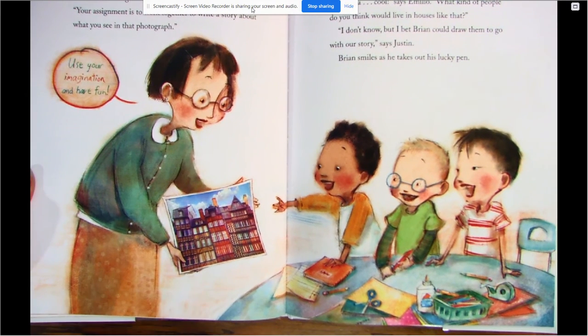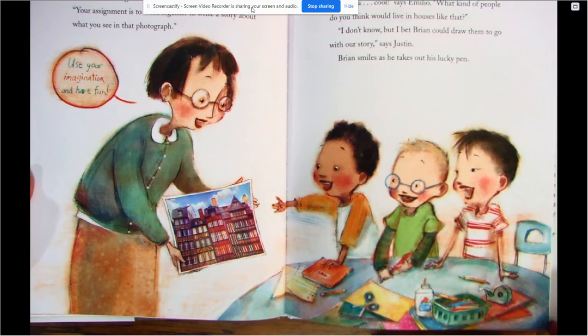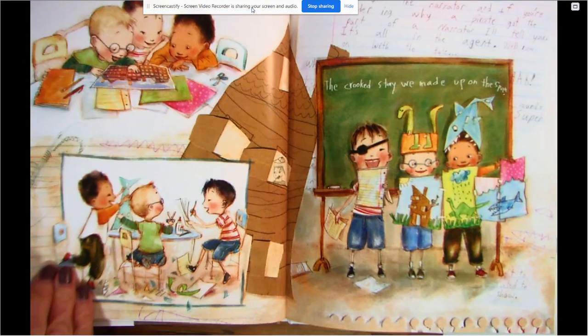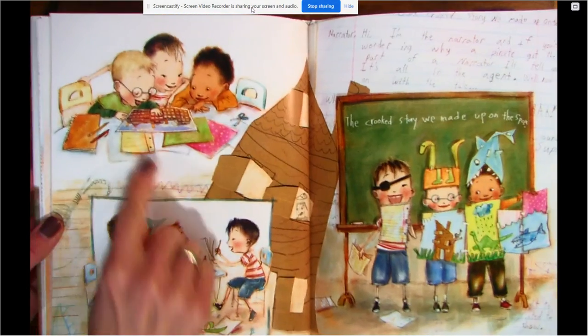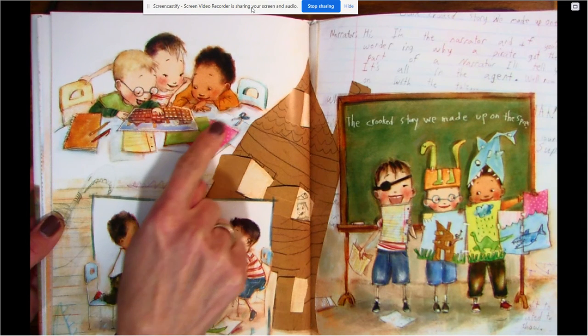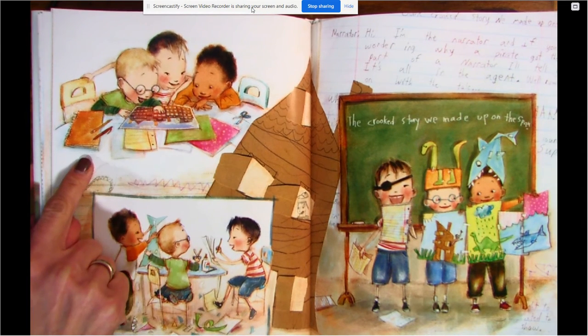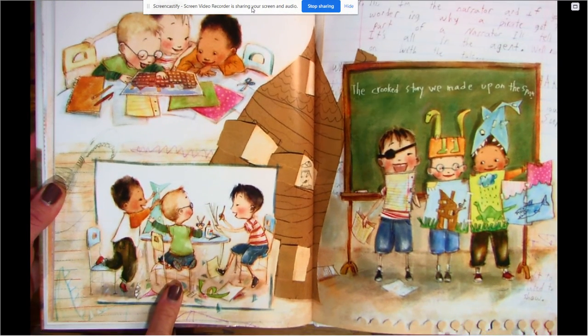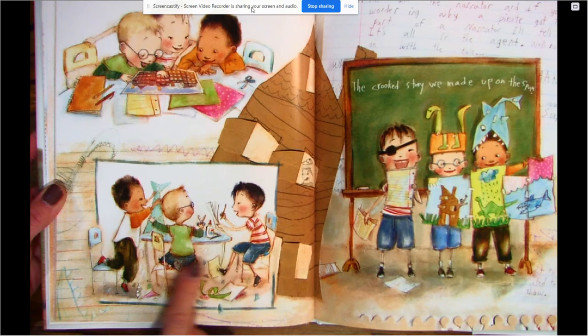Look at Brian now. Here they are, working together. There's his lucky pen. Got to look really closely at all of these illustrations.